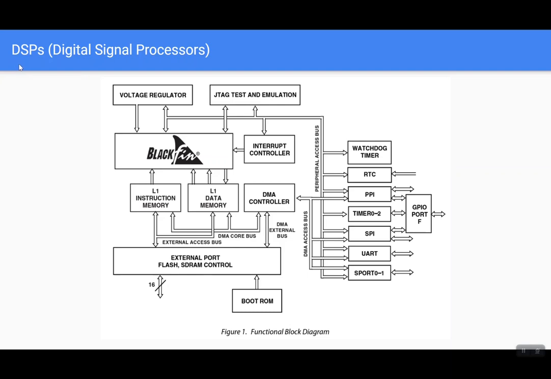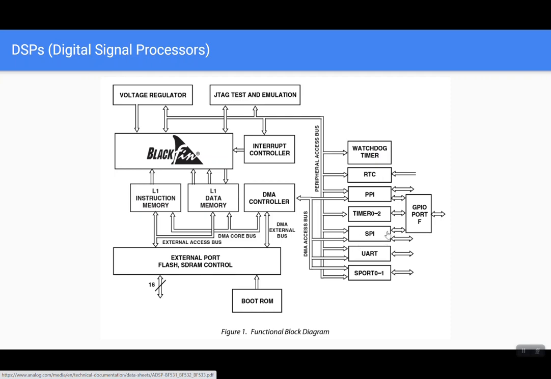And again, this is another DSP. Blackfin is from Analog Devices, a very well-known, industry-established DSP. And this is a functional block diagram taken from the Blackfin's data sheet. As you can see here, we have a DMA controller, level 1 data memory, and again these are the watchdog timers, real-time clocks, timers, SPI bus, or a SPI port.